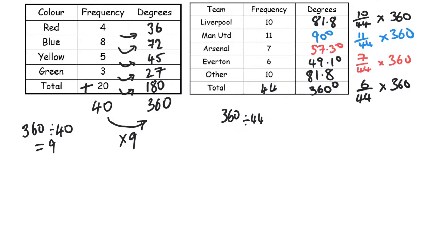If we were asked to draw a pie chart then, what we would need to do is first of all draw a circle. And then from there we would put a horizontal line from the radius to the circumference.